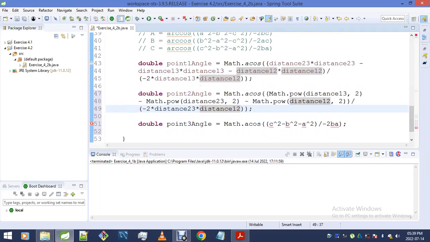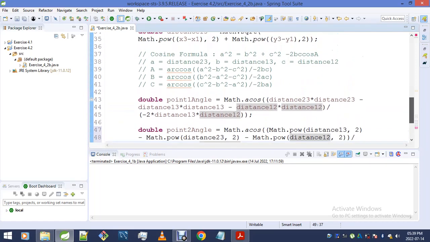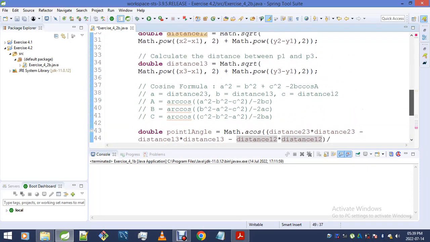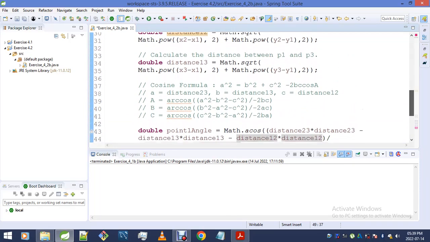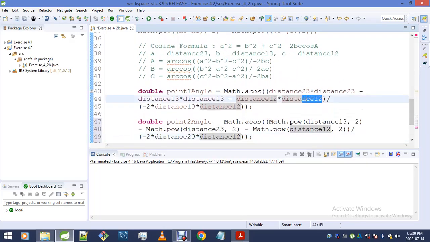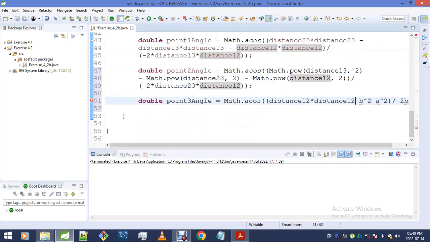Okay, now what is my c? C is what? Let me scroll up. C is distance 1, 2. I'm gonna copy that. So c squared is that, right there.